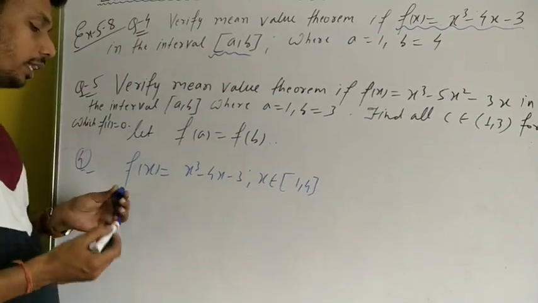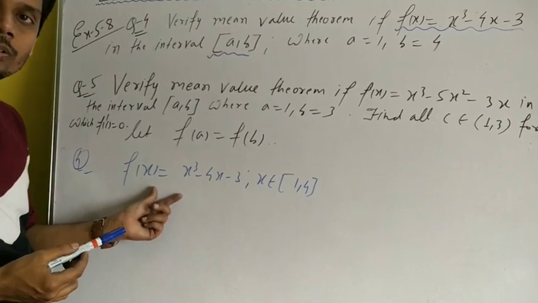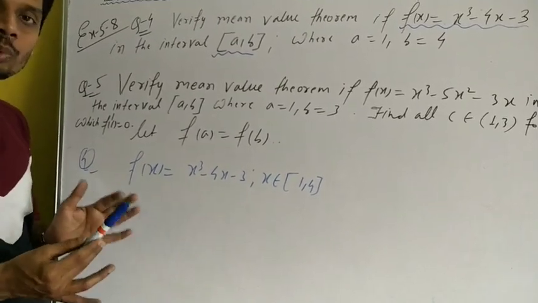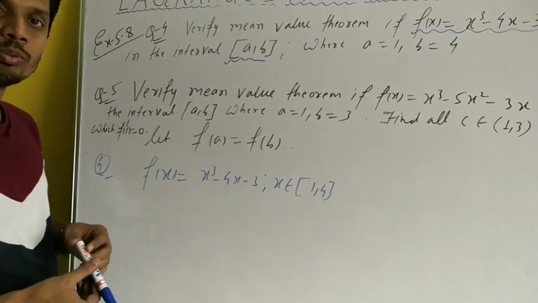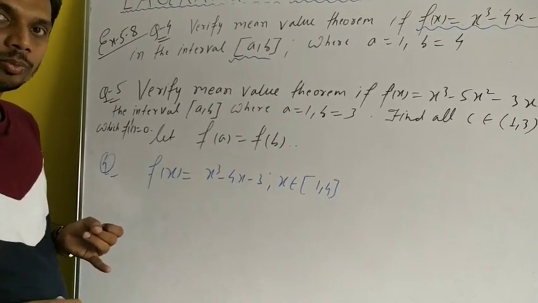Now you can see that f x is a polynomial function. So f x, being a polynomial function, is continuous throughout. Hence it is continuous in the closed interval 1 comma 4 also. So the first part is verified.